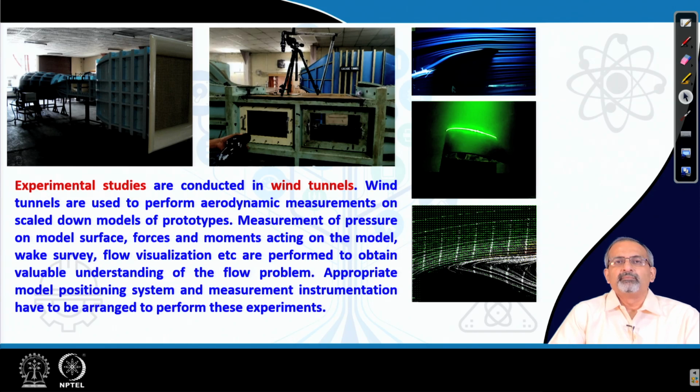Some tunnels may help you to conduct experiments at subsonic speeds, some at supersonic or even hypersonic speeds. The one that you see over here is for low speed testing, that means subsonic testing. It can create a test section velocity of the order of about 30 meters per second.